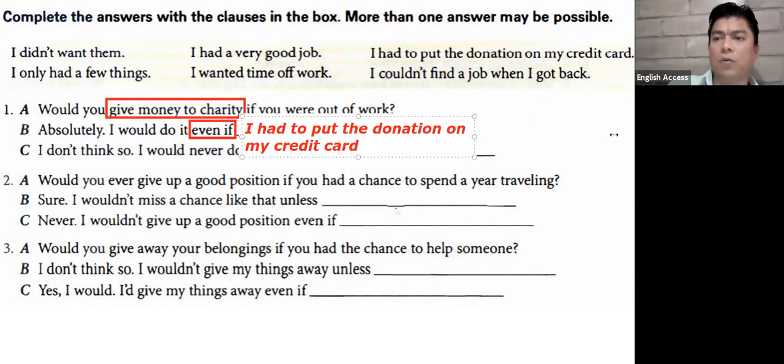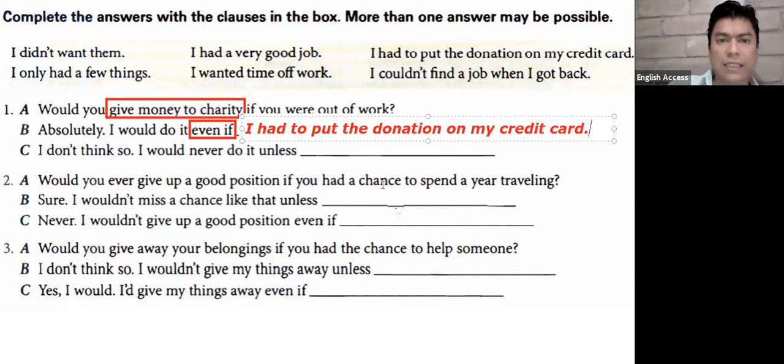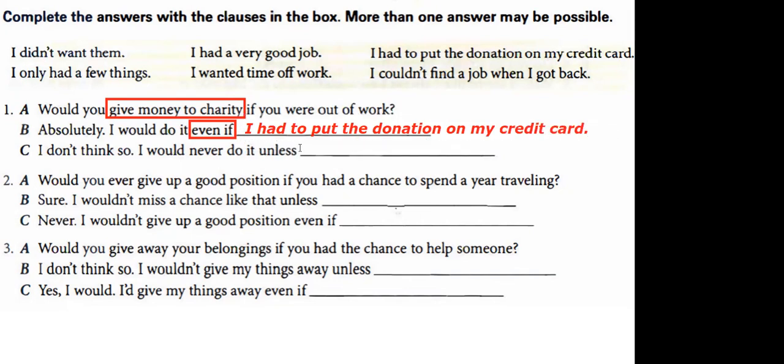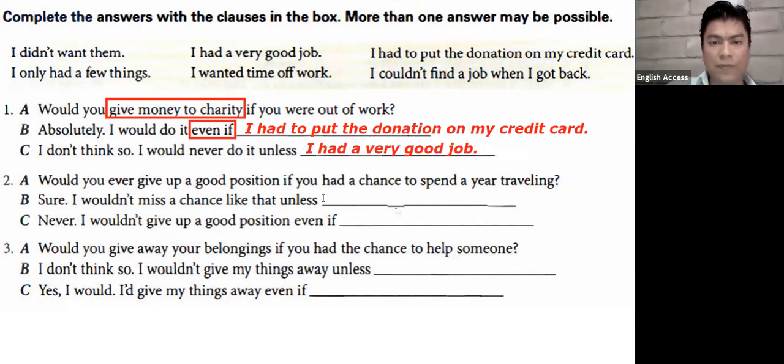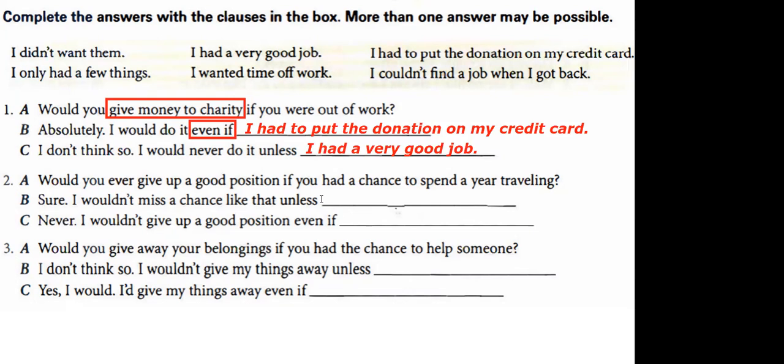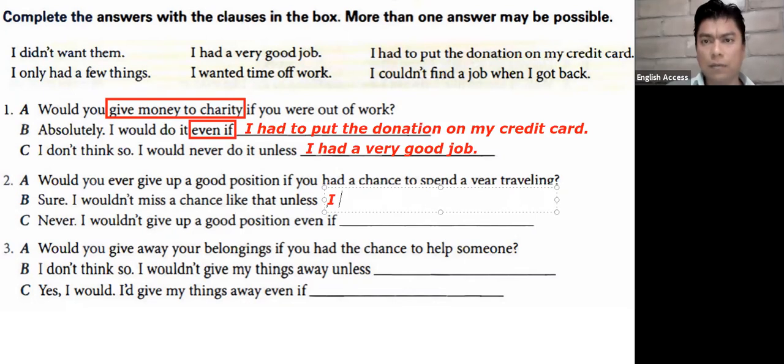What about number 1C? I had a very good job. Next, number 2B. I couldn't find a job when I got back.